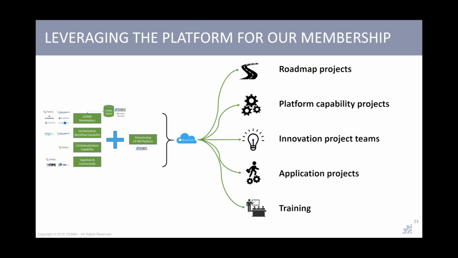It can be used for developing additional capabilities in the platform. So we have Wave 2 coming out soon, where we'll be asking for your ideas on extending the capabilities of the platform. We will have innovation project teams that will help develop the profiles and the apps for specific assets and processes.